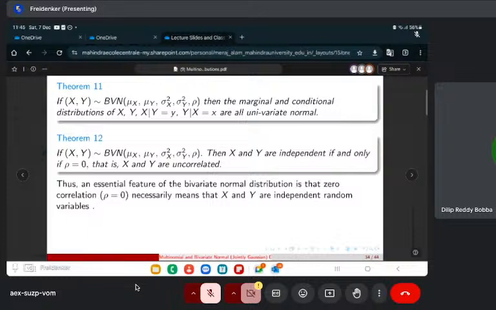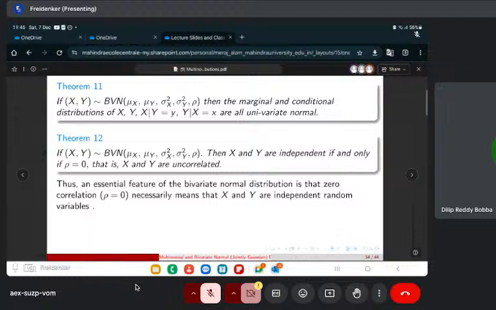So it is stating that if rho is 0, then they're independent. So if they're not linearly dependent, they are non-linearly also not dependent. So this is a very case specific theorem. Why is this true? You can look at the proof, but how do I prove it?